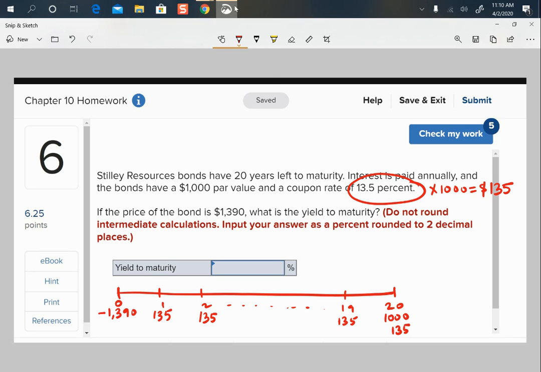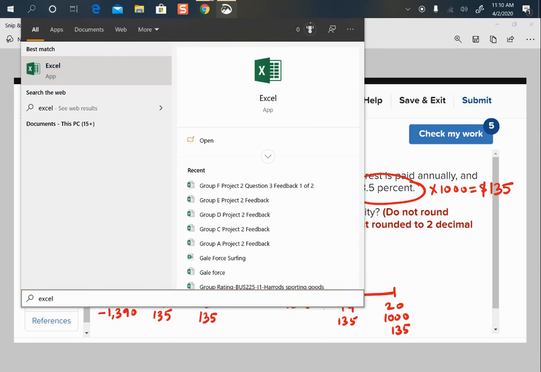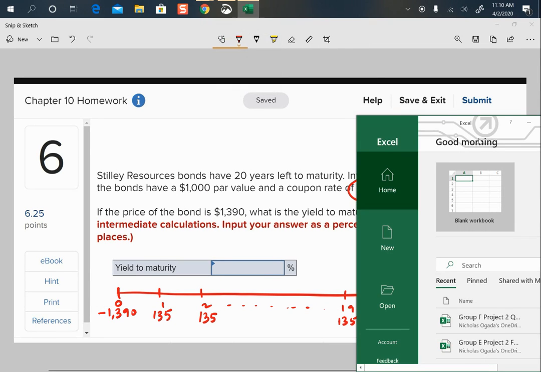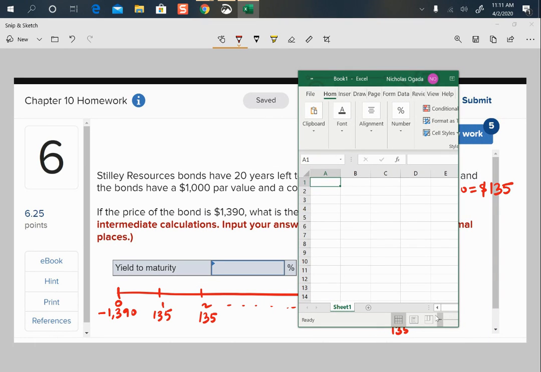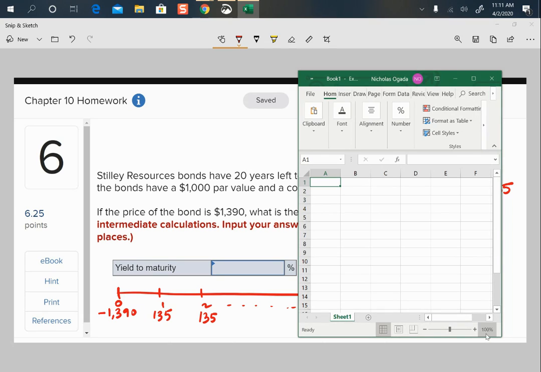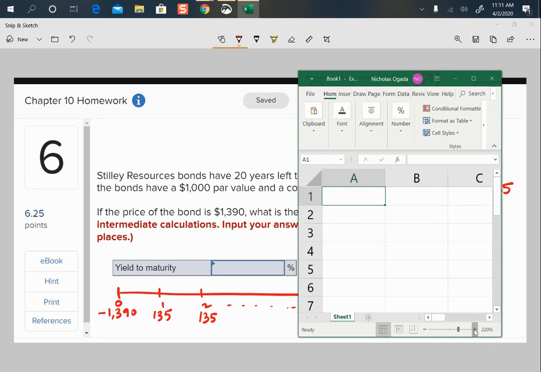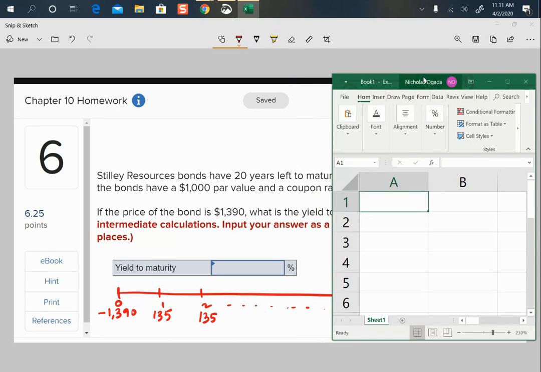So you'll go to Excel. We open up our Excel document here. We're just going to increase this so that you can see the values being entered.